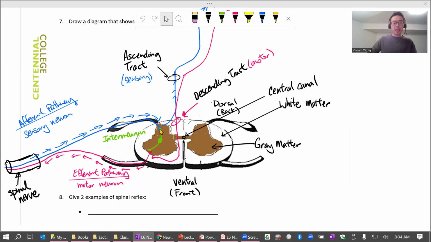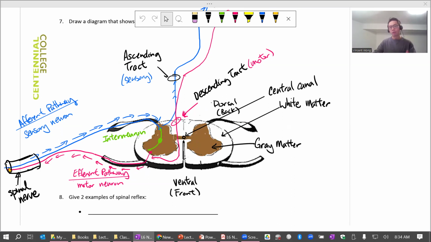And it makes a connection with an interneuron, and these interneurons are only found within the brain or the spinal cord, within the central nervous system. Their job is to analyze the sensory information and decide what the appropriate motor outcome is. Then it relays that information through the motor neurons, forming the efferent pathway, and it exits at the front.